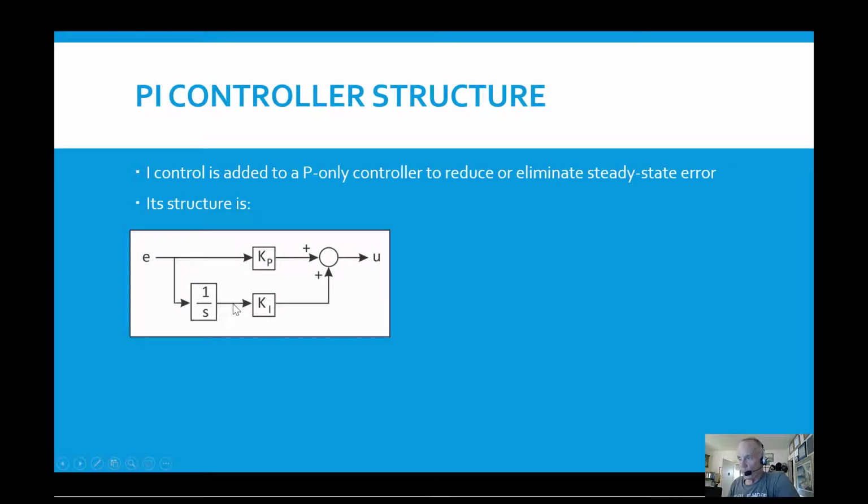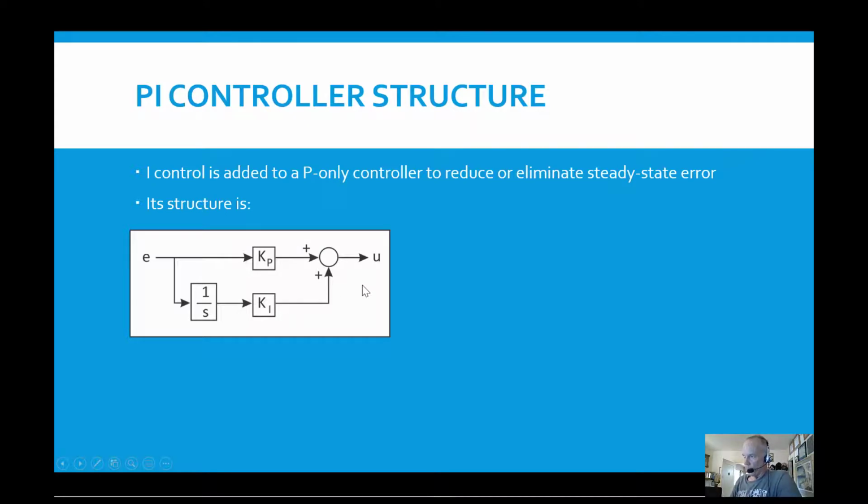So what we're getting out is the area under the error curve. That's a funny way to say it, but it encapsulates it all. Then we multiply it by the integral gain, and that produces an integral action. So we have two actions combined, a P action and an I action, and together they form the total signal that goes out to the actuator.